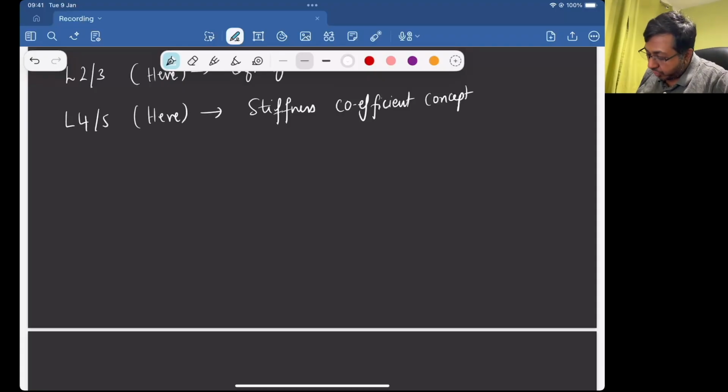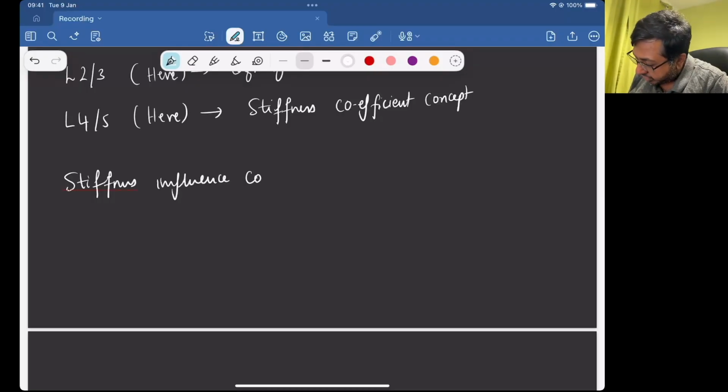So what is the stiffness coefficient, or influence coefficient? We define it with the symbol Kij, where i and j are subscripts.